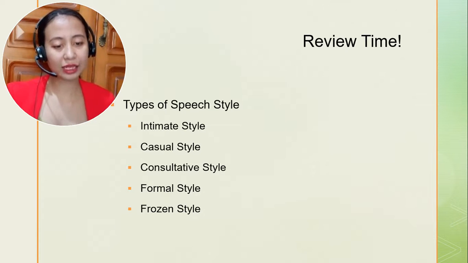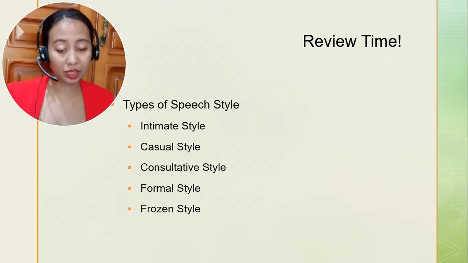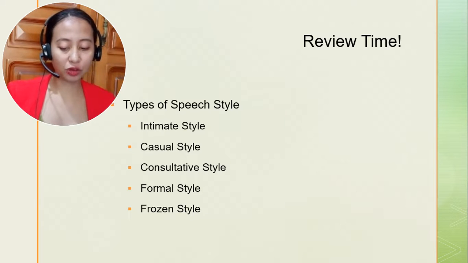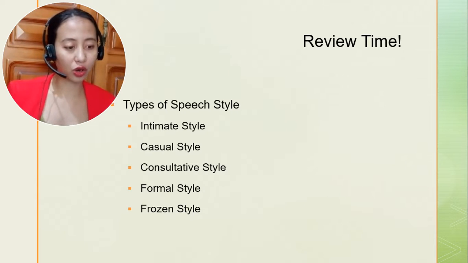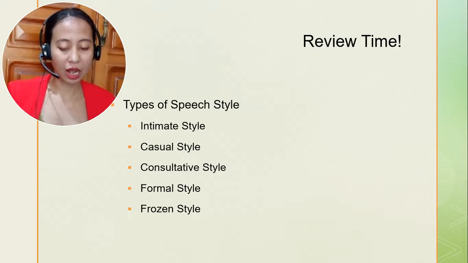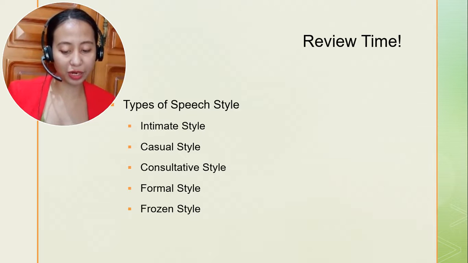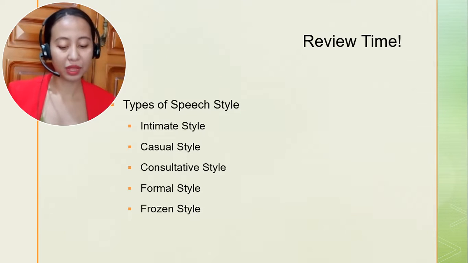And next type of speech style is consultative style. This is a semi-formal communication, like negotiating with strangers or colleagues, small group discussion, student to teacher communication, doctor to patient, expert to apprentice.